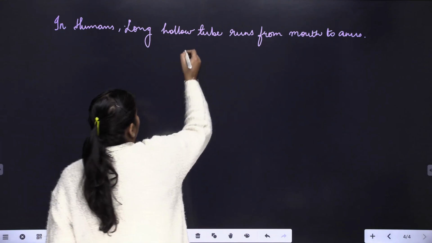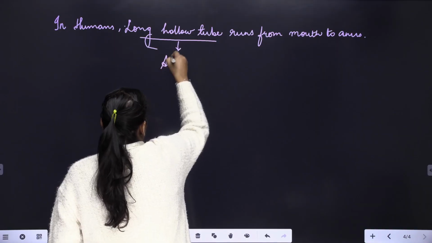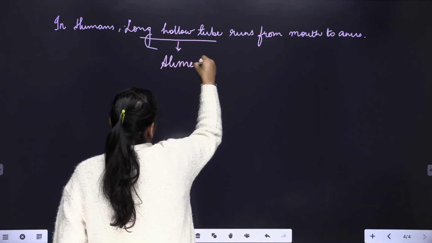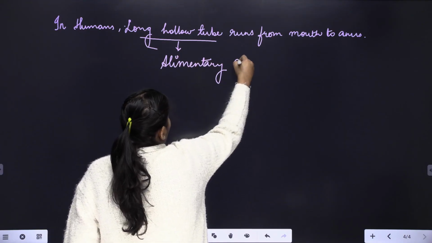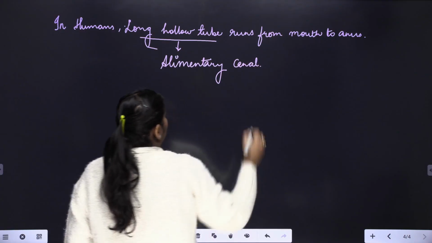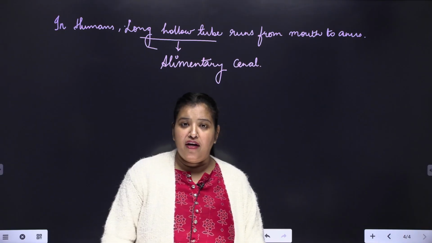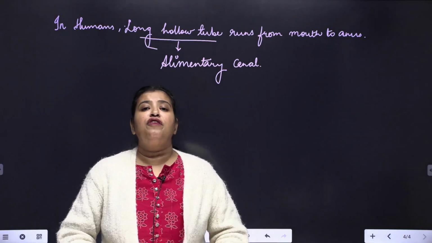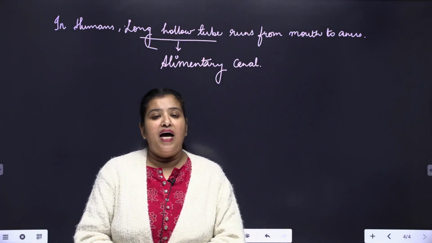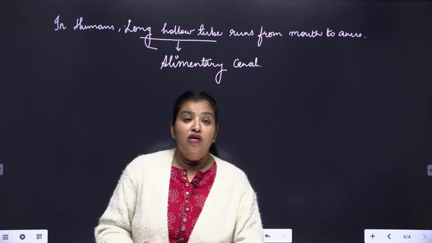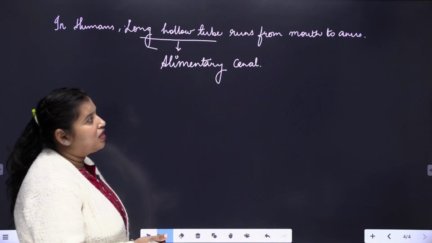And this long hollow tube which is running is known as alimentary canal. This is known as alimentary canal. So there are different organs, there are different parts of this alimentary canal where digestion of different substances or different nutrients take place, and we get the simplest form. So let us have a look one by one what alimentary canal comprises of.